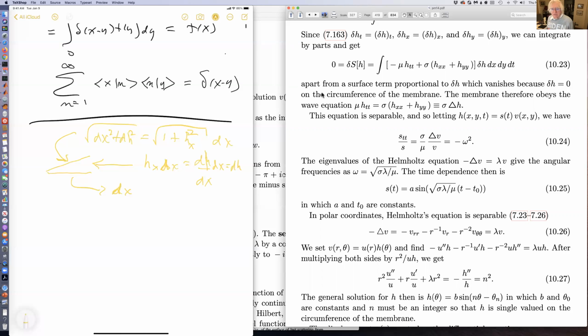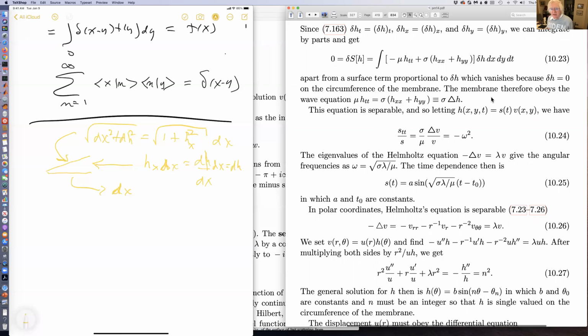Anyhow, what happens then is that we just wind up with the wave equation, namely mu times the second derivative of h is sigma times the Laplacian of h. This is separable, and so we let h be a function of time times a function of space.